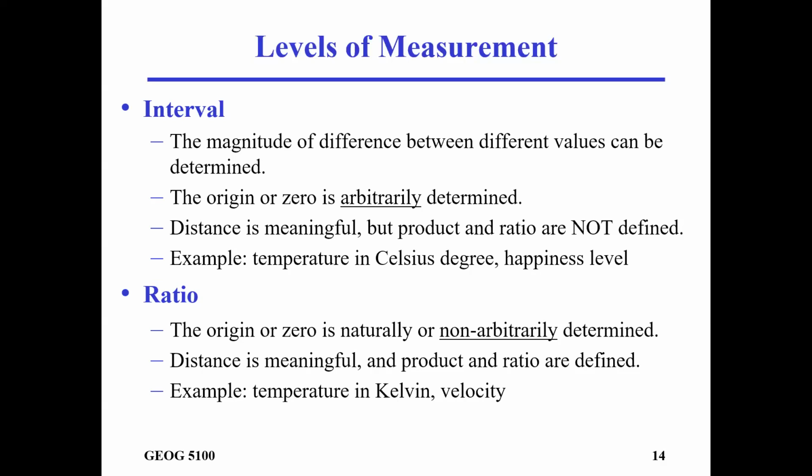0 Celsius degree doesn't mean there is no temperature. 0 Celsius degree is still a temperature, right? You would ask, when is 0 meaningful as temperature? 0 Kelvin degree is absolute 0 temperature. 0 K, 0 Kelvin degree is something ideal.